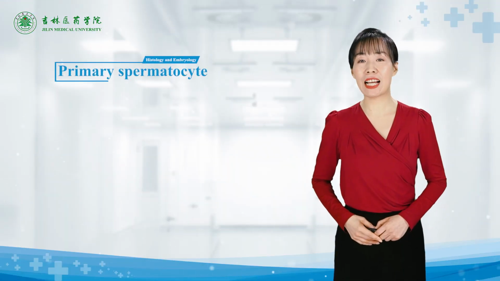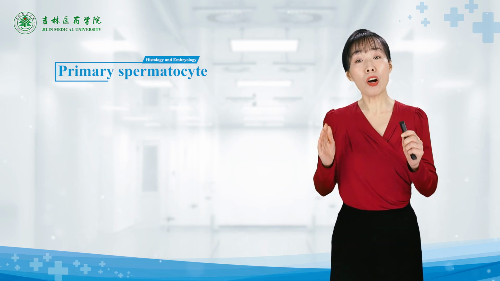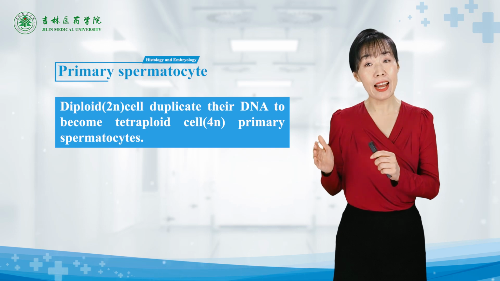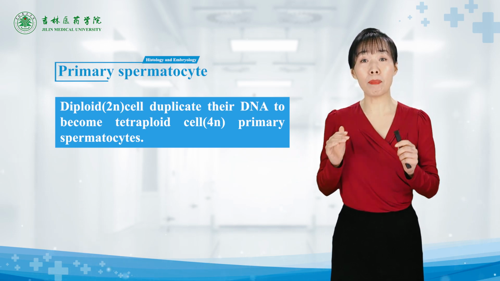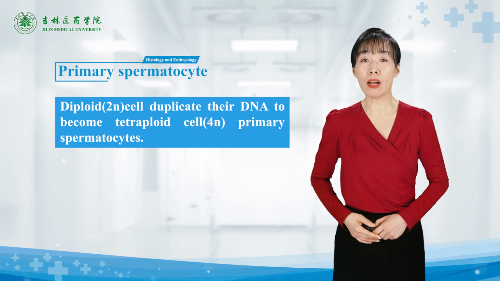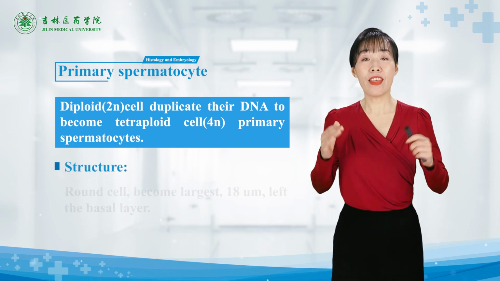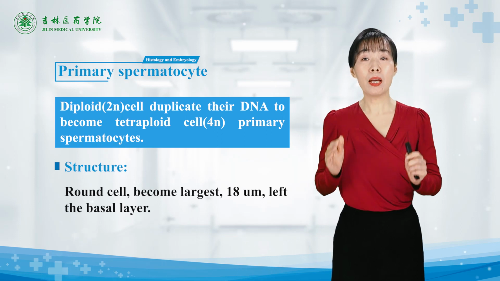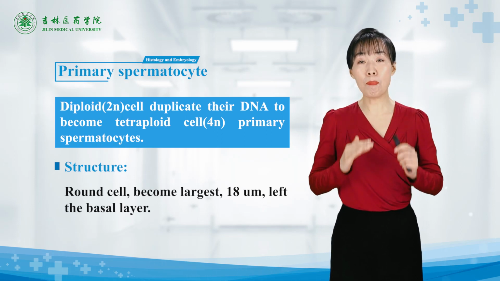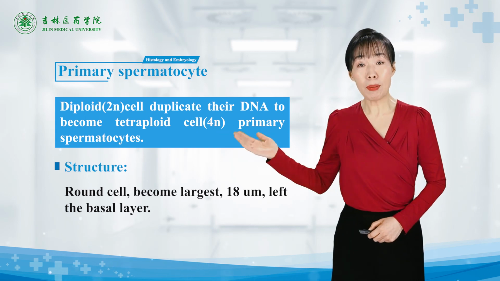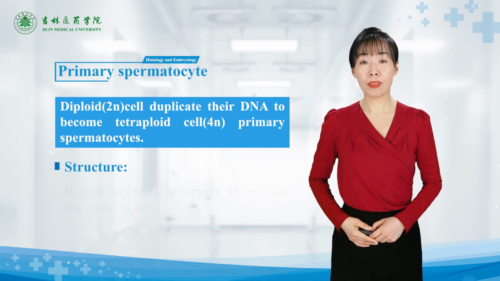Primary spermatocyte. The spermatogonium, a diploid cell, duplicates its DNA to become a tetraploid cell. Primary spermatocytes are round cells, the largest, about 18 micrometers in diameter, that have left the basal layer.